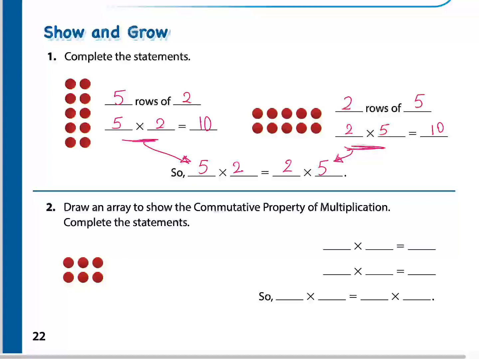Okay, let's move to the next question. We need to read the question first. So, Khalid Sihlawi, can you read the question for us? Commutative.